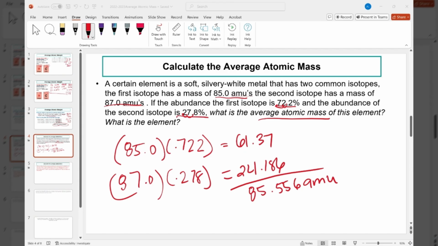What was our, let me double check, 85.556. So that is going to be closest to rubidium. Again, due to significant figures, it might not be exactly perfect, but it'll be pretty darn close.